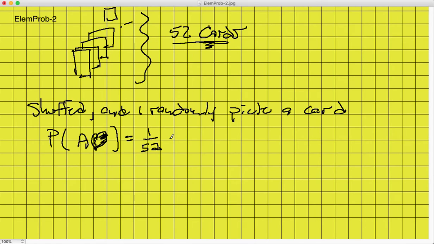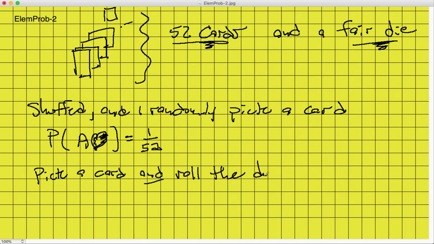Okay, now I want to ask you a question. I've got 52 cards and a fair die. I'm going to pick a card and roll the die. I ask you the question, what is the probability that I get an ace of hearts? I'm going to try and draw a heart. And I roll a 4.